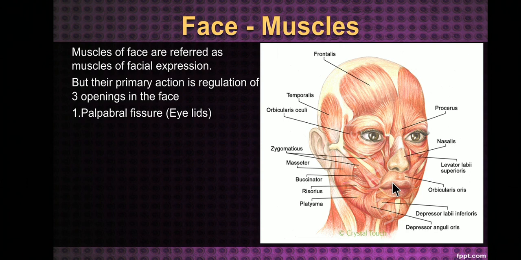There are also muscles with respect to our auricle or pinna, but again these muscles are vestigial in humans. But certain individuals can actually move their auricle or pinna by contracting these muscles through practice. So mainly the muscles around the palpebral fissure, oral fissure and the nostrils act as sphincters or dilators.